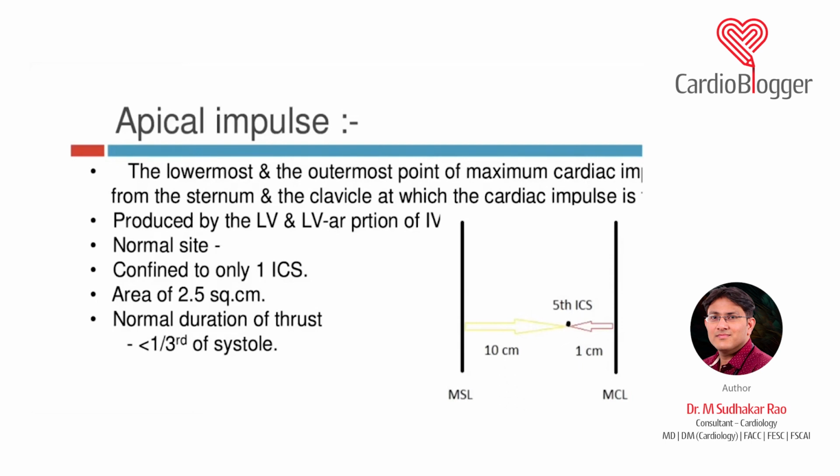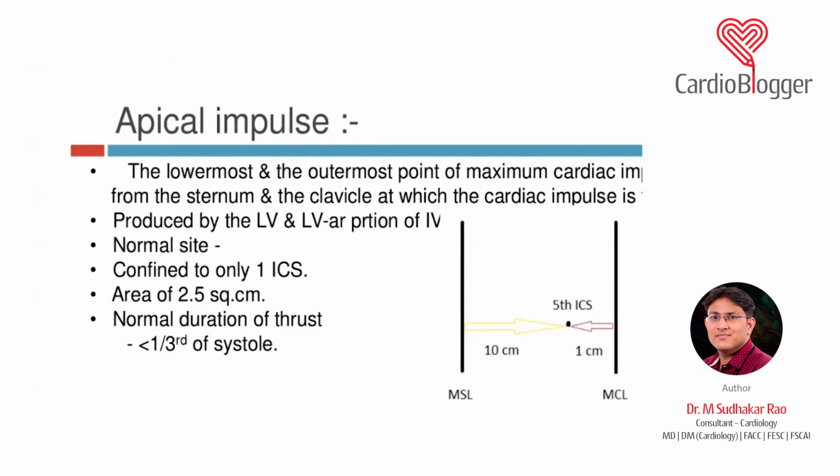A normal apex is located in the fifth intercostal space on the left side, within the mid-clavicular line, 10 centimeters from the mid-sternal line, and it should be 1 centimeter within the mid-clavicular line. The normal apex is usually an LV type of apex, but it is not downward and outward. It is in the fifth space, but it is formed by the LV.